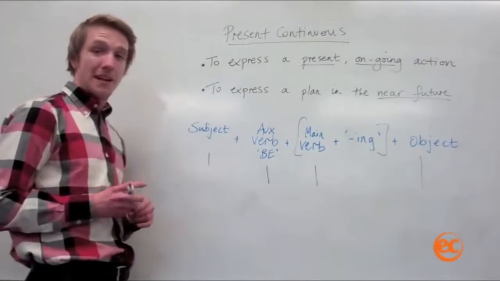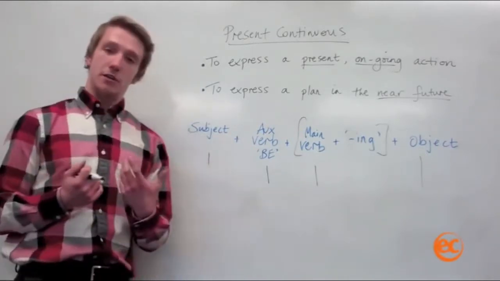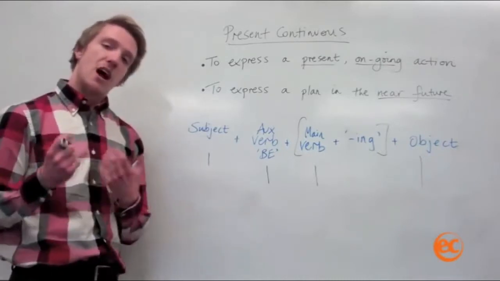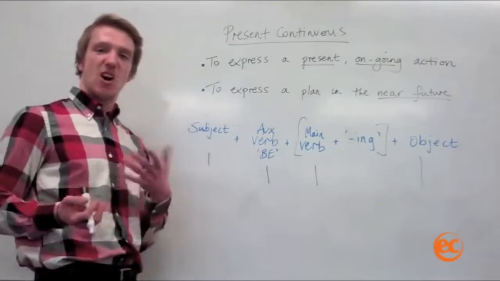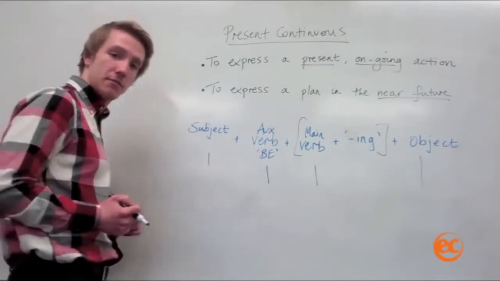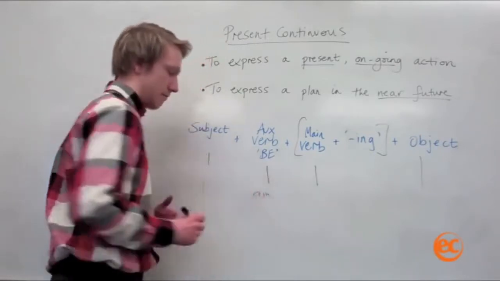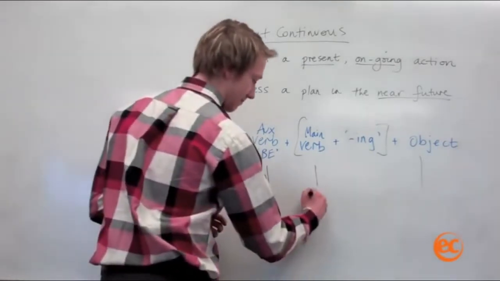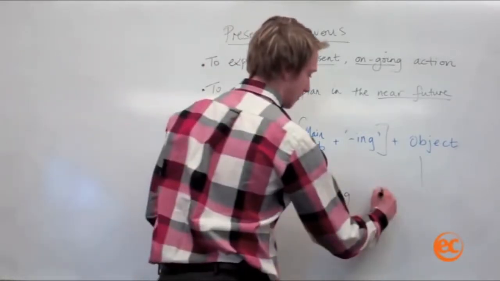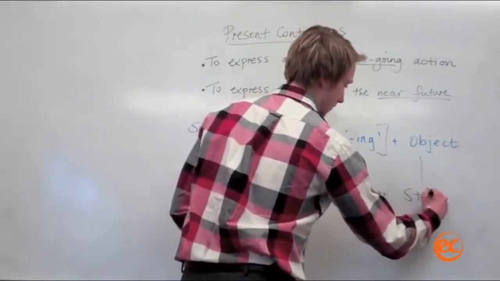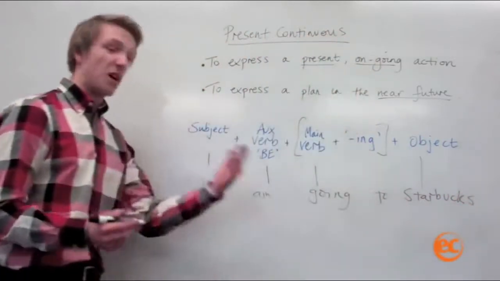So what kind of future arrangements are there that I could use the present continuous with? Well, there are many. For instance, if I'm in class, like you, and you ask me, Harrison, where are you going for lunch? I can tell you right there that I am going to Starbucks.